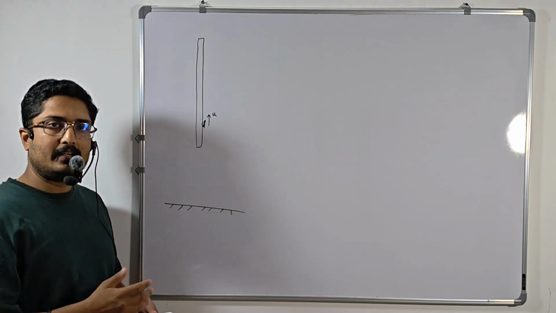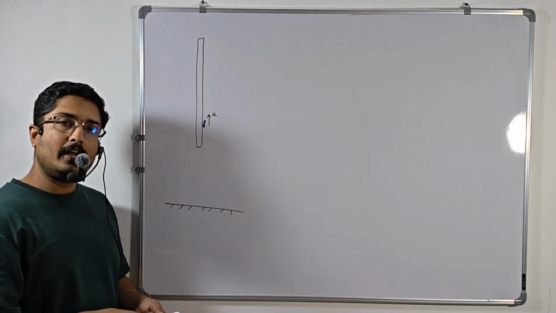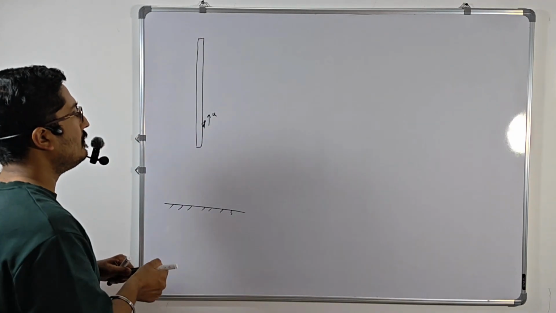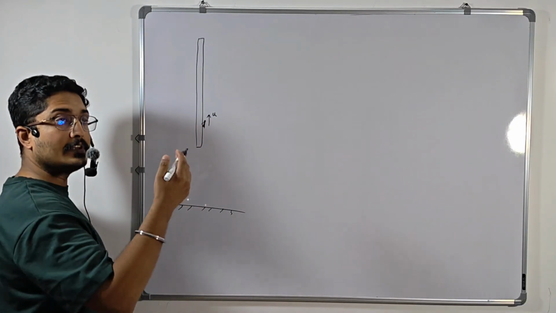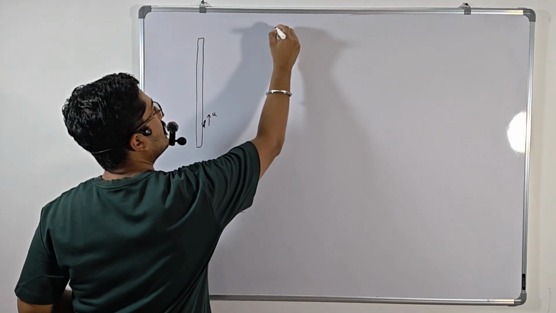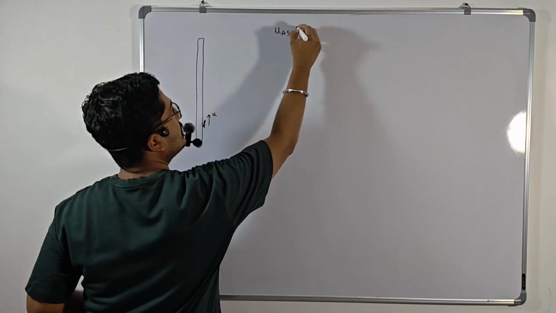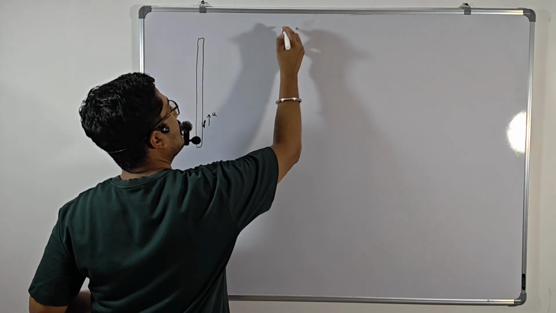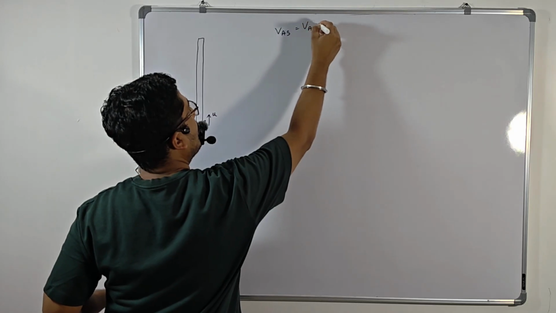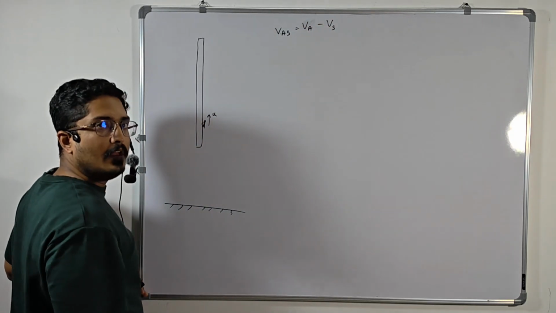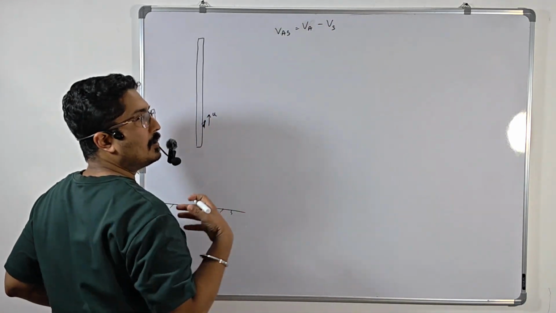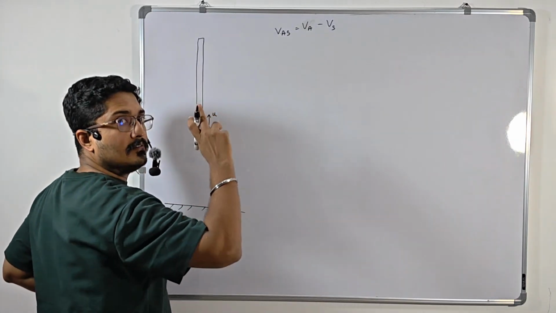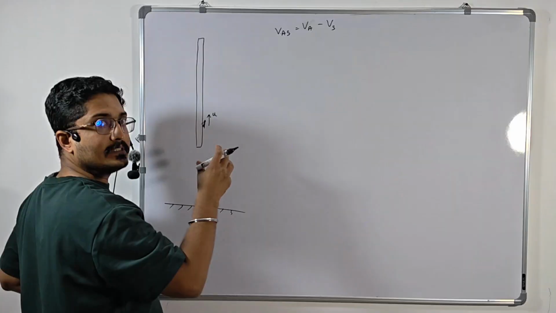If we understand that, then we can say we have to calculate everything in this question with respect to the ground. What they have given is the velocity of the ant with respect to the stick. So the velocity of the ant with respect to the stick is the velocity of the ant minus the velocity of the stick. Now, I'm interested in the velocity of the ant with respect to the ground, right? The velocity of the stick initially, when the process has started, is 0.